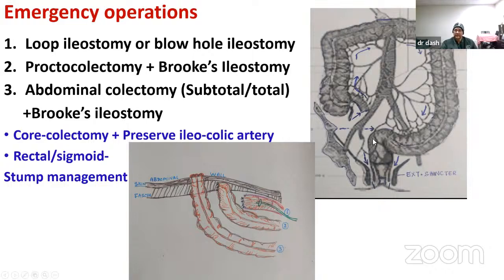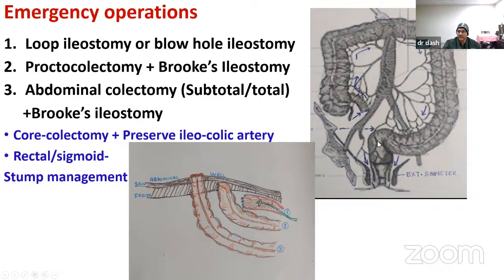Now, if we're doing a total colectomy, then the rectal stump has to be left inside the peritoneal cavity. And the best way to tackle this rectal stump is a staple division using a green color staple, wide mouth one, wide pins.